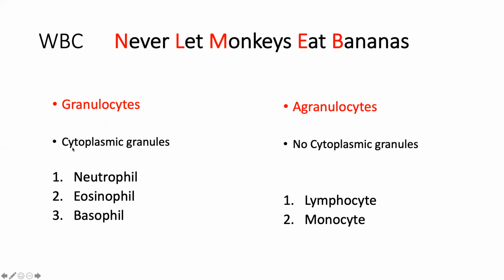You can also classify WBC into granulocytes and agranulocytes. Granulocytes have visible granules in their cytoplasm, for example neutrophil, eosinophil, and basophil. Agranulocytes have no visible cytoplasmic granules, and they are lymphocytes and monocytes.